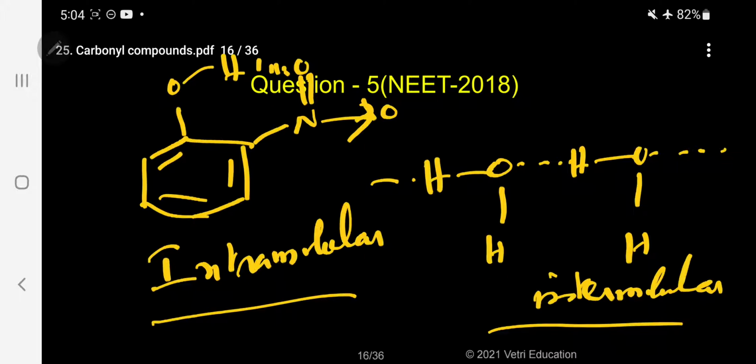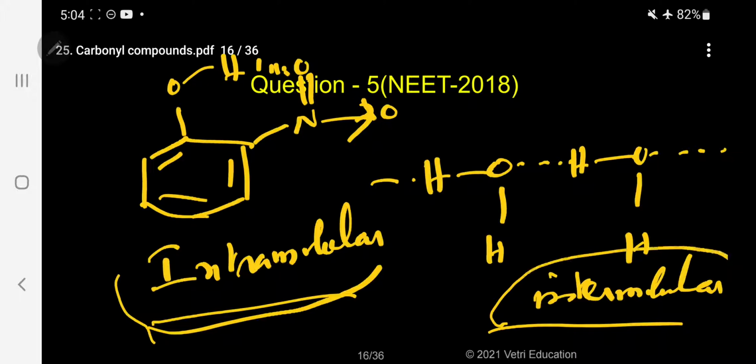Generally, please note, my dear students, this is the most important point. Generally, compounds having intramolecular hydrogen bonding will be highly volatile, with low boiling points and low melting points. Whereas compounds having intermolecular hydrogen bonding will have high melting and high boiling points. This is the characteristic property.